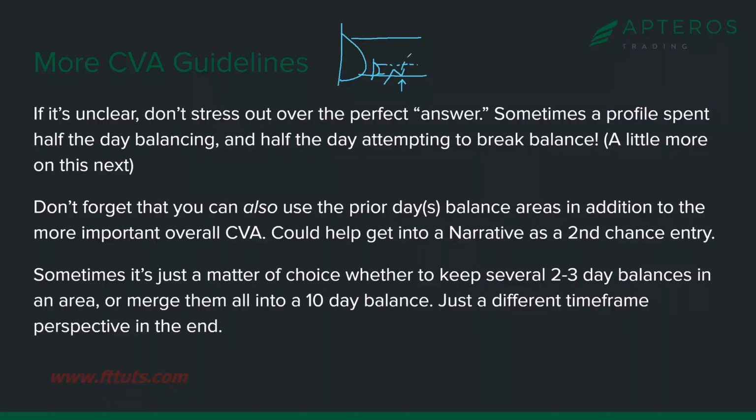You might could get into this trade as a second chance entry using a prior single day's distribution within the context of the rejection from the lower end of the composite traversing the full composite. You can use individual days in addition to, complementary to, not against CVAs, but complementary to CVAs when you get those trades. We'll talk more about that, but that's just a little early indicator.